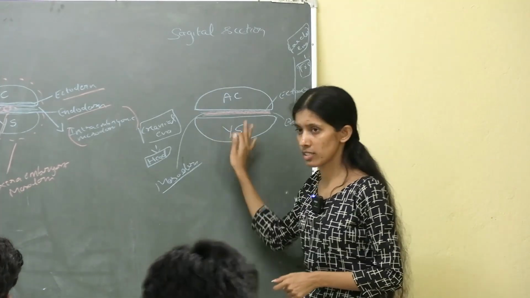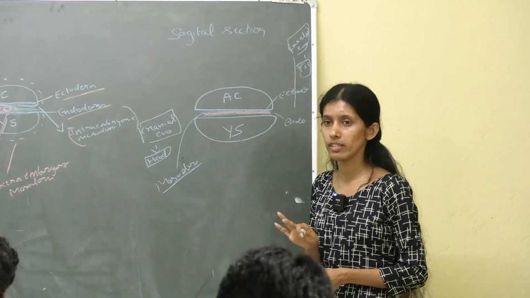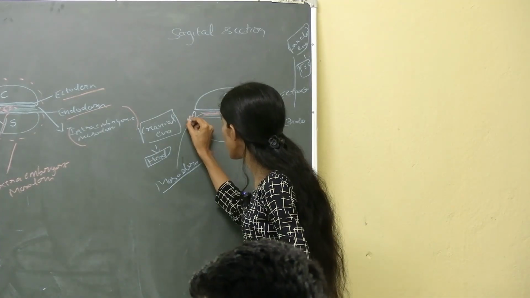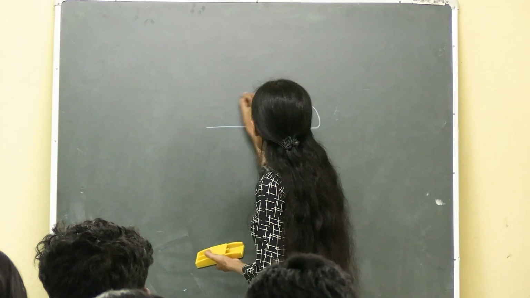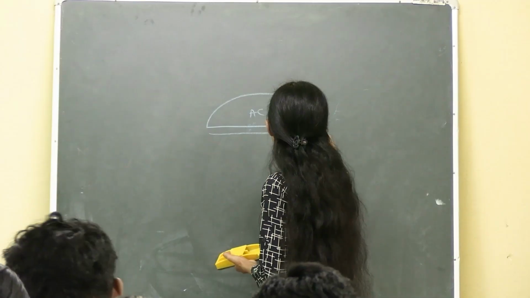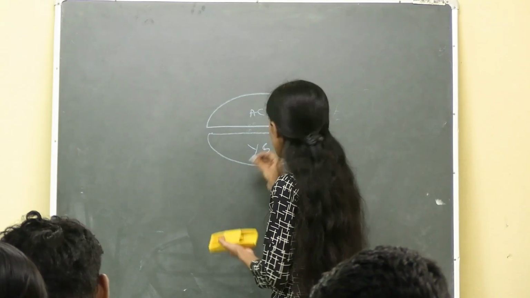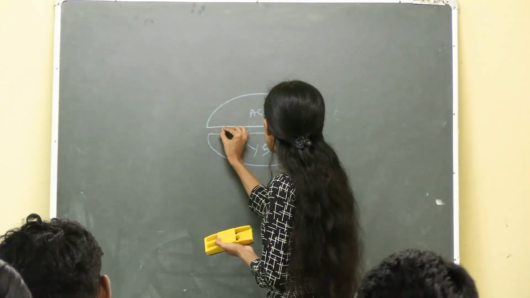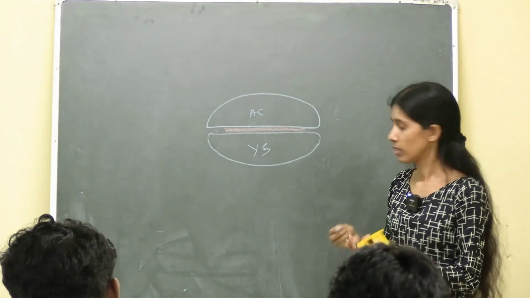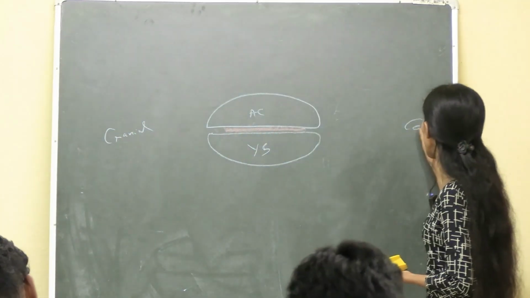But in your sagittal section, on the cranial and caudal ends, we see three important structures. Okay. The very first one, any idea? Okay. This is the cranial end and this is the caudal end.